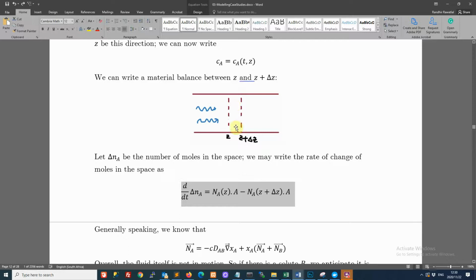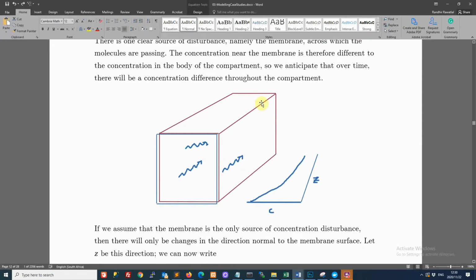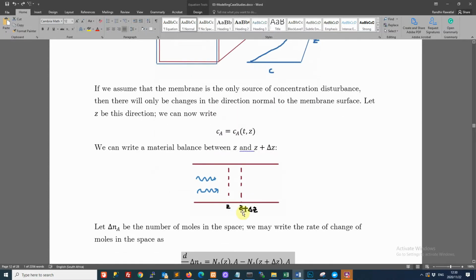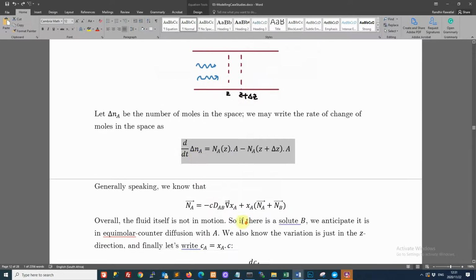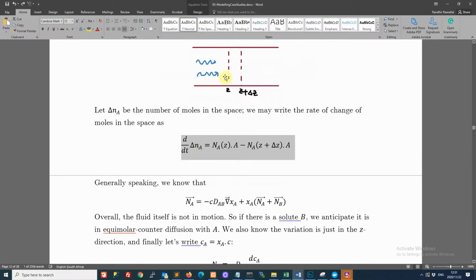So in that sub-volume, there's a certain number of moles, Na. So Na might refer to the whole compartment, the number of moles in the whole compartment. We don't want that. We want to talk about just that little sliver, that Z to Z plus delta Z sliver. So in that space, we'll call that delta Na. So delta Na is the number of moles in that space. Na is the number of moles in the whole space. So anyway, that's the number of moles in that little space, delta Na.